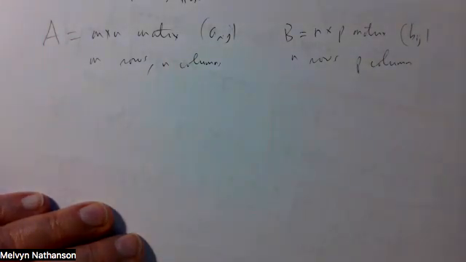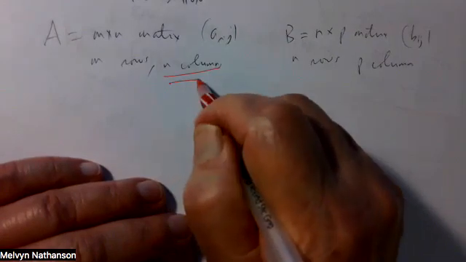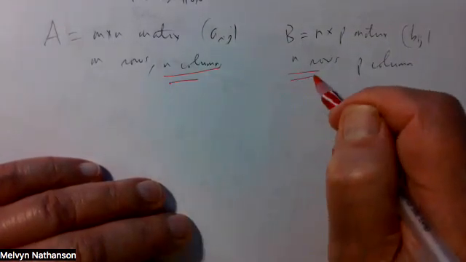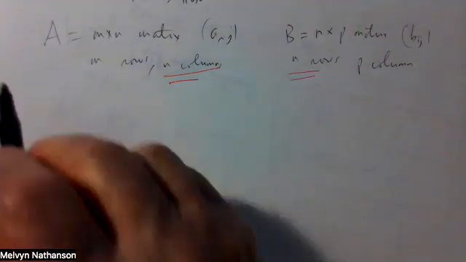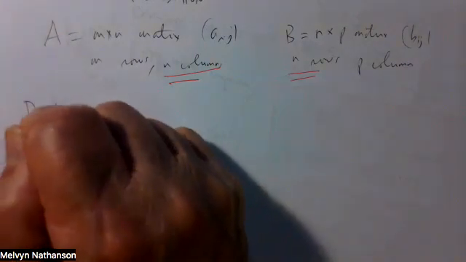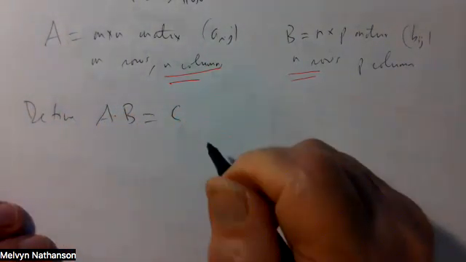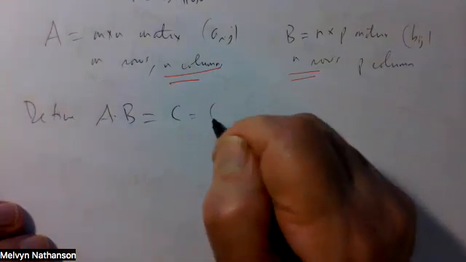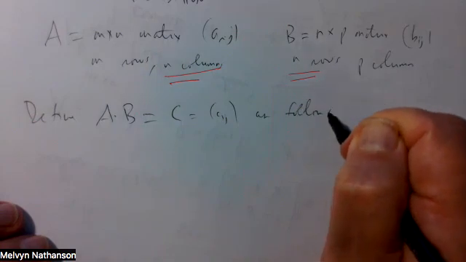Now, the important thing here is the number of columns in A equals the number of rows in B. And in that case, it is possible to multiply, right? So we define a matrix A times B equal to C with coordinates Cij as follows.